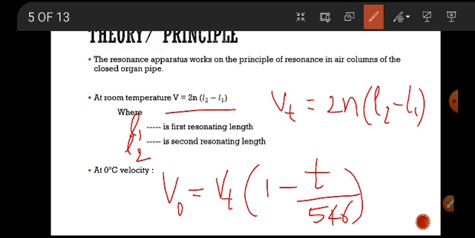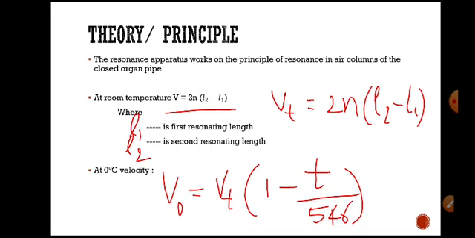From this relation, you can find the velocity at 0 degrees Celsius, where T is the room temperature, in the room, and Vt is the velocity of sound at room temperature. So by using this temperature and the velocity of sound at room temperature, you can find the velocity of sound in air at 0 degrees Celsius.